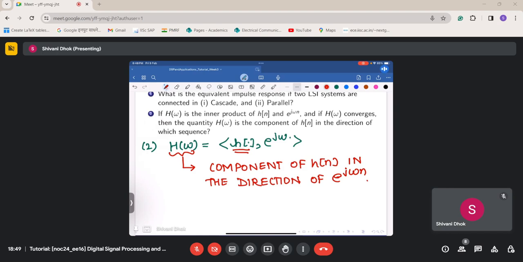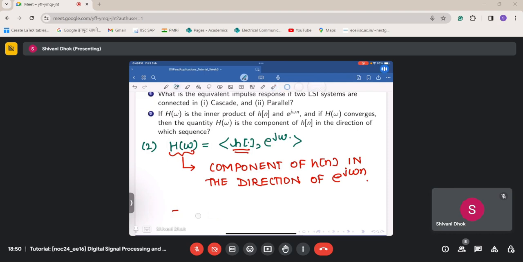If you have a vector 1, 2, 3 and another vector 3, 4, 5, one thing you can do is element by element multiplication, that is 1 into 3, then 2 into 4, then 3 into 5. What the inner product does is element by element multiplication and then adds those products as well.